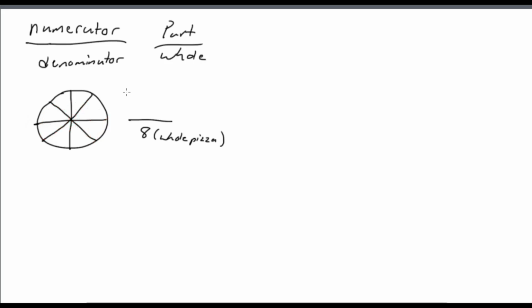And your party starts, your kids come home, you get hungry, and let's say 3 of those slices have been eaten. Well, we went from a whole pizza, which 8 over 8 is equal to 1, reduced, or 1 over 1, which is equal to 1. So you had 1 pizza, but now someone ate 3 slices.